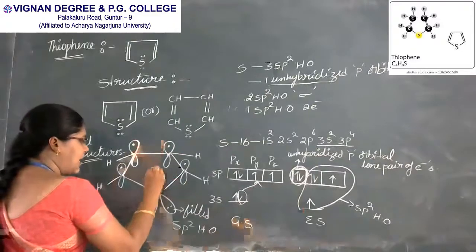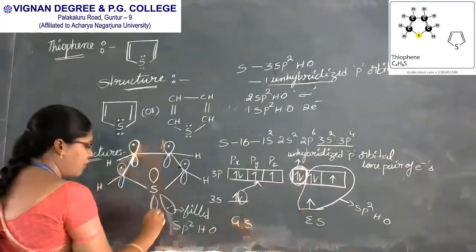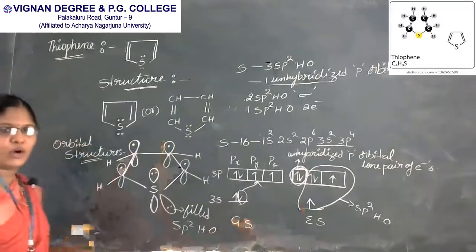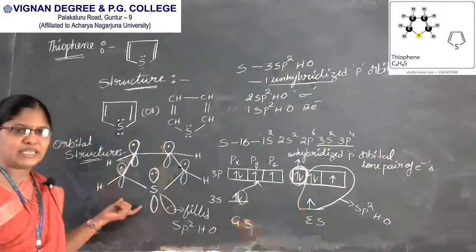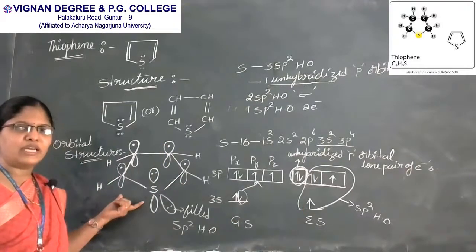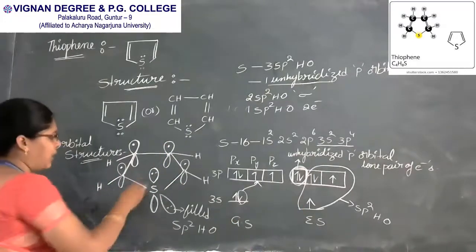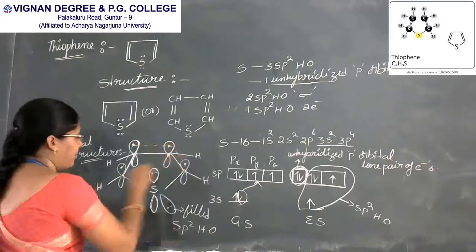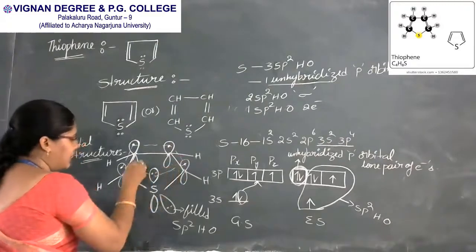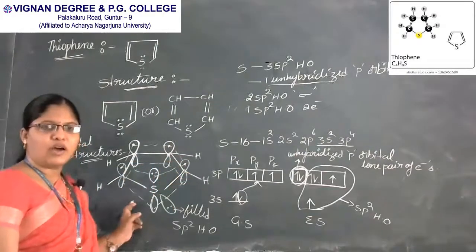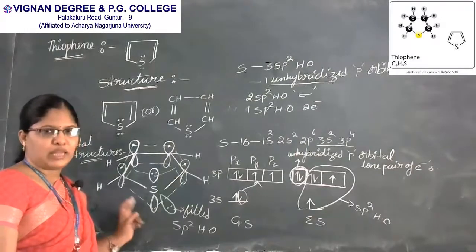The electrons present in the unhybridized p orbital of sulfur are involved in delocalization. This is the orbital structure of thiophene.